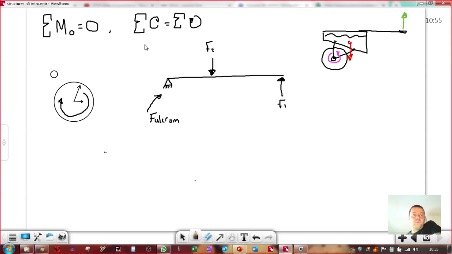That's clockwise, and that's the opposite direction from clockwise. Oh, wait a minute, they're both the same. So you get clockwise and you get anti-clockwise.